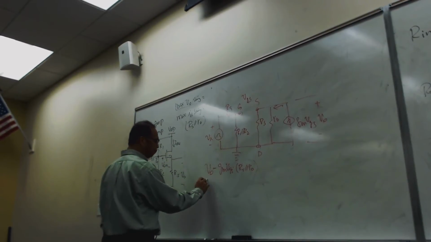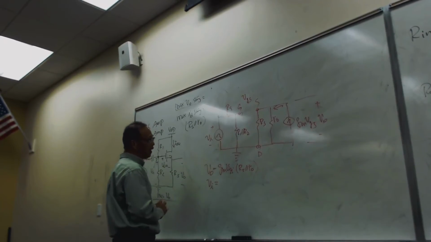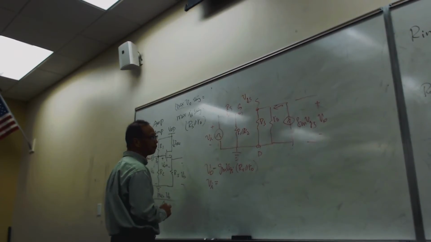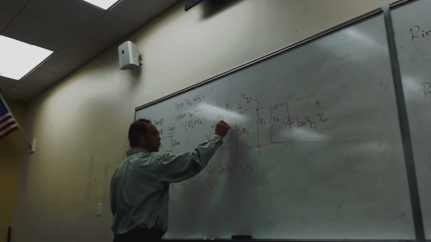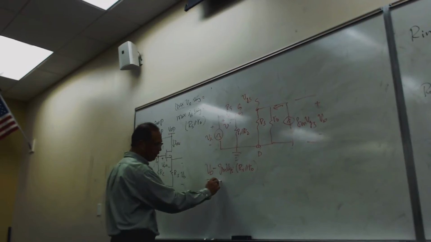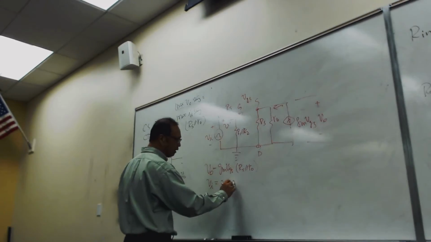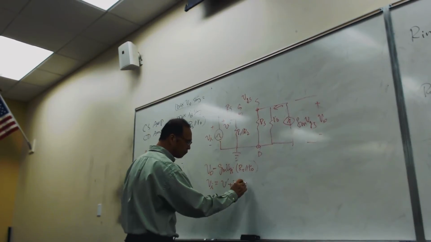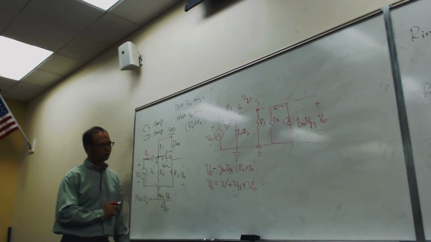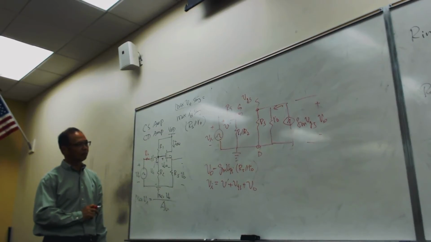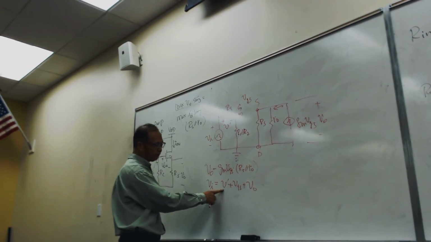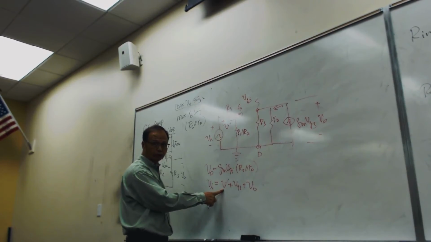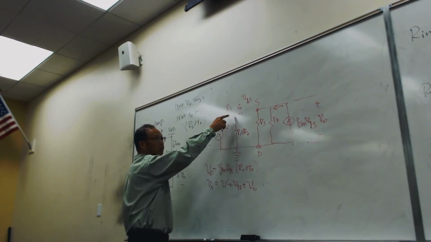What about V sub I? V sub I now is equal to what? I'm going to call this V sub prime: V sub prime plus VGS plus V sub O. In the first example, V sub prime was 0, because there was no resistance.